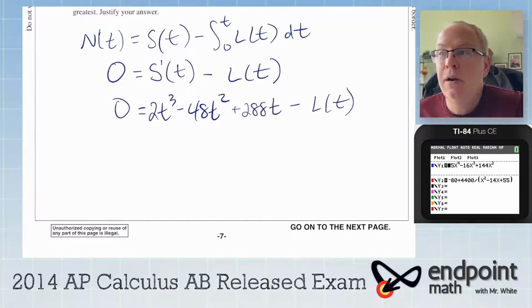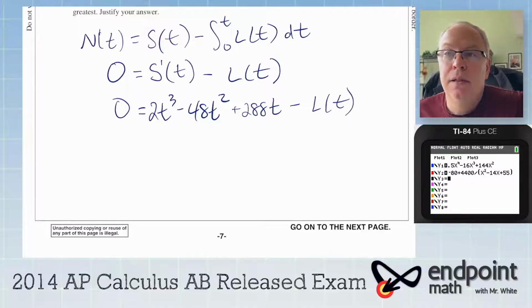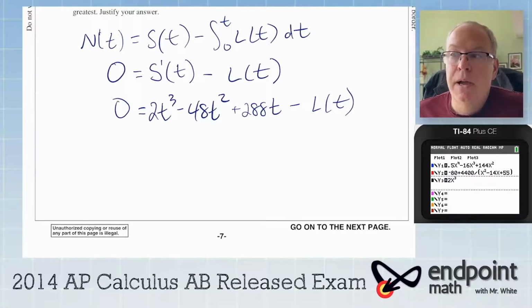So we're going to come in here, and let's see if I can do this. I think I can. I'm typing in the derivative, 2x to the third minus 48x squared plus 288x. All right, just double check that I typed that right.